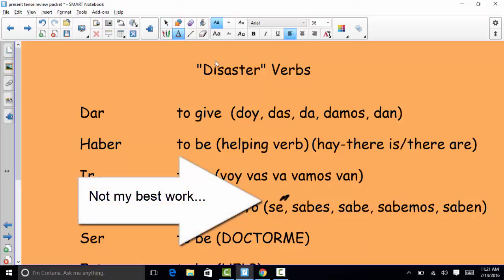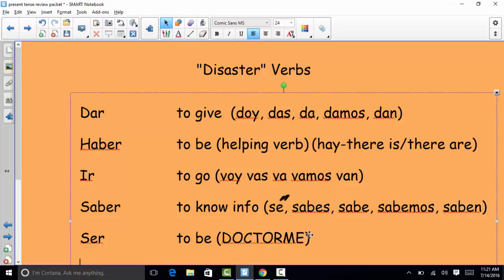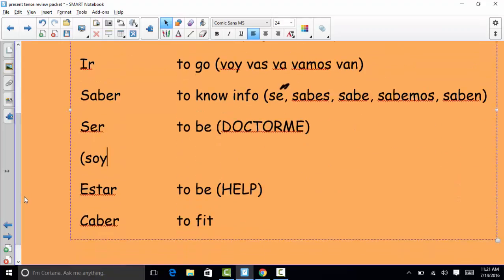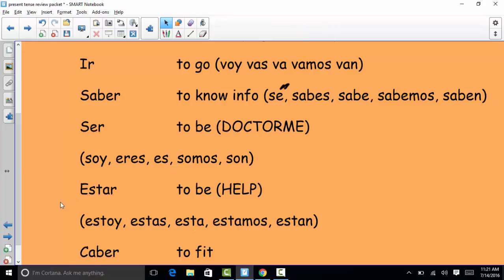Ser. Soy, eres, es, somos, son. Estar is estoy, estás, está, estamos, están.